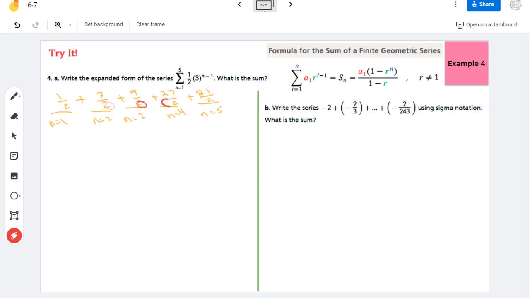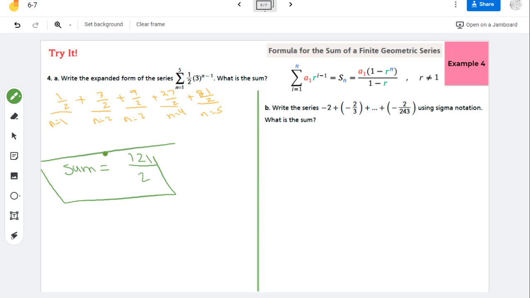These all have a common denominator of 2, so adding them really isn't that bad. So to find the sum, just add all those together. We know the denominator is going to be a 2 because that's the common denominator, but just take 1 plus 3 plus 9 plus 27 plus 81 and add them. You get 121. If you used that really, really crappy formula that we just did, you would get the same thing. It's just a lot more work, and we're kind of lazy.